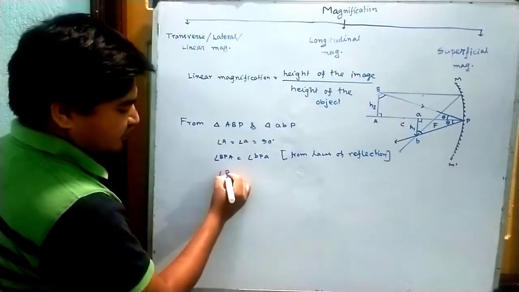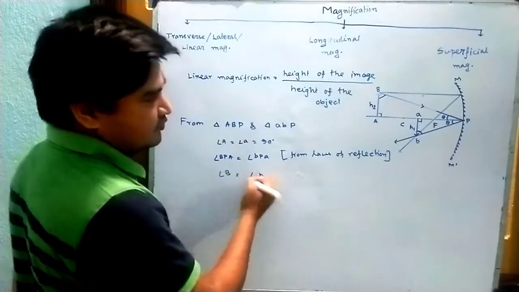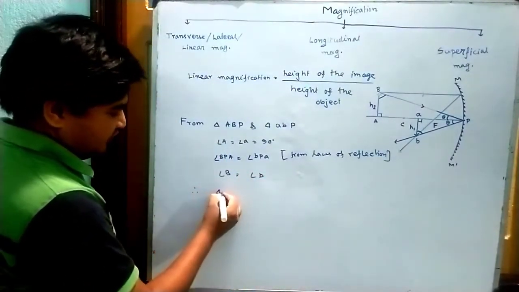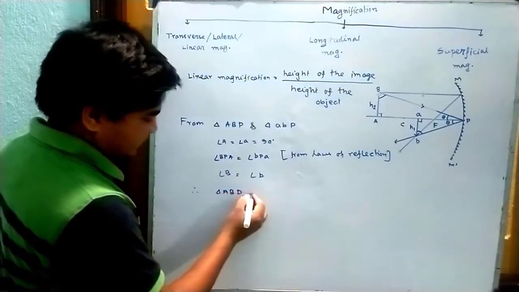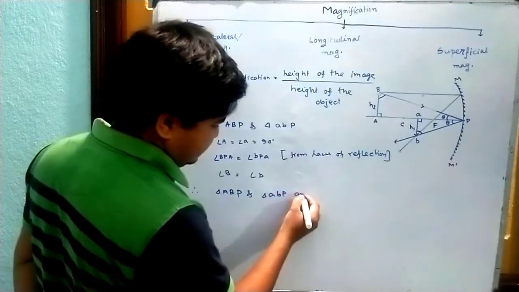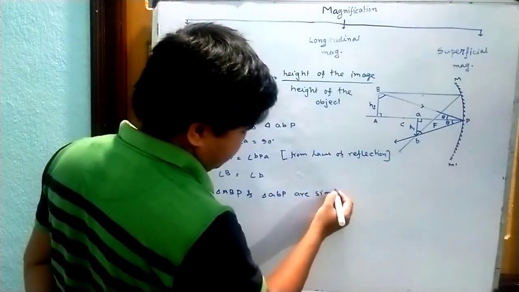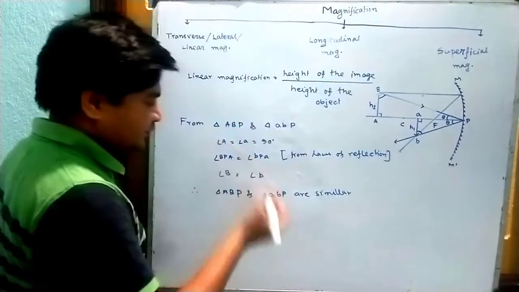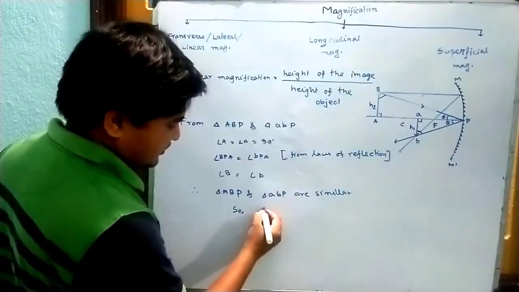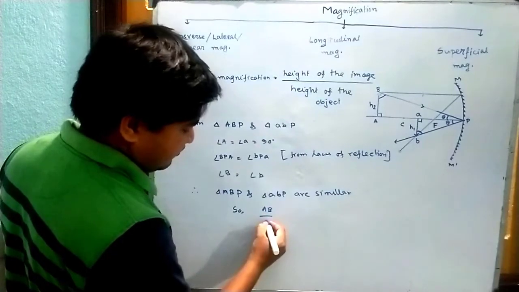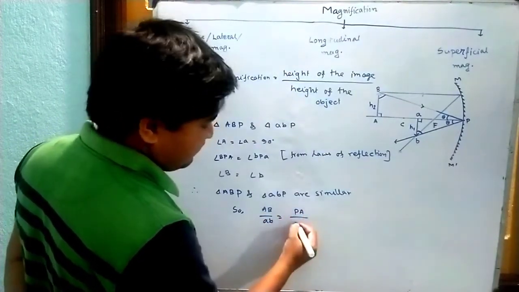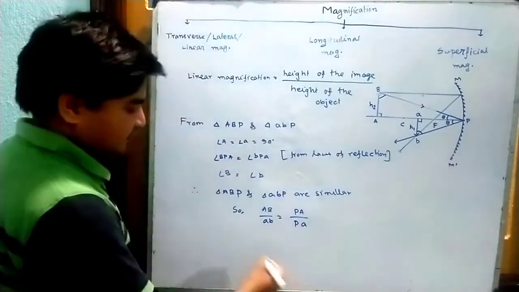So triangle ABP and triangle A'B'P are similar. So we can write AB by A'B' equals PA by PA'.